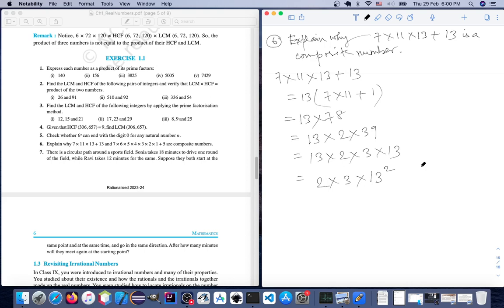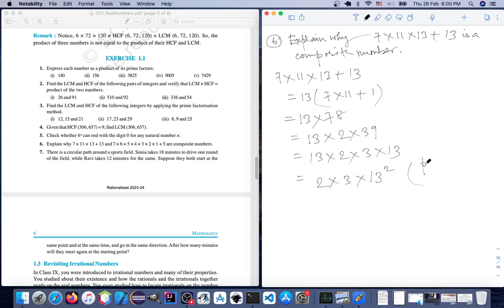Any composite number can be written as a product of prime factors. So we have expressed the given number as a product of prime factors.